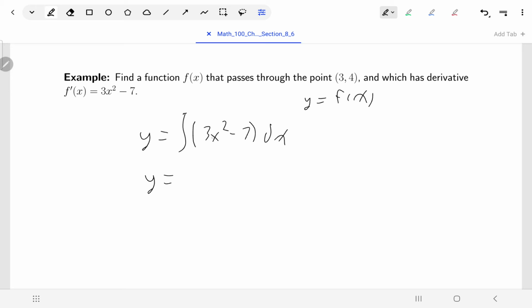And that's not too hard to do. So 3x squared would be 3x cubed divided by 3, which is x cubed, and then minus 7x, and of course plus our constant c.